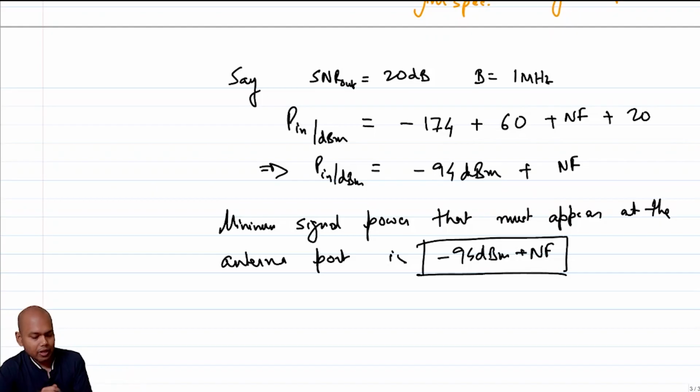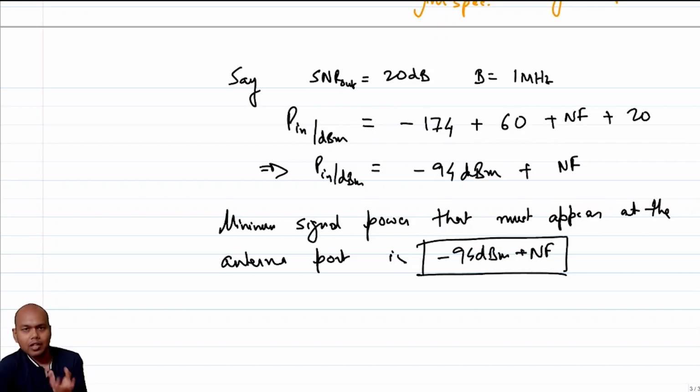If you are guaranteeing that the input power is minus 100 dBm, that essentially means you are asking me to get something with a noise figure of minus 6 dB. Sorry, I'm not a magician. So I cannot do that.